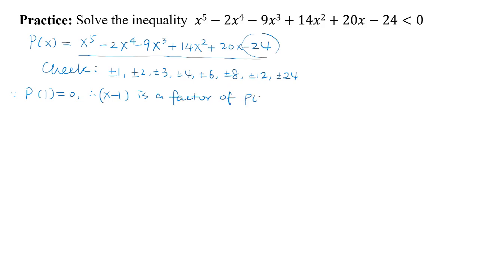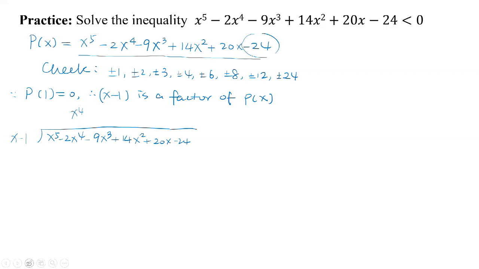So in order to find the other factor, we can just use the long division. All right, so for this particular question, before we use the long division, note that the degree is so high that even if we use the long division, we'll get x to the power of 4, something like that, right?